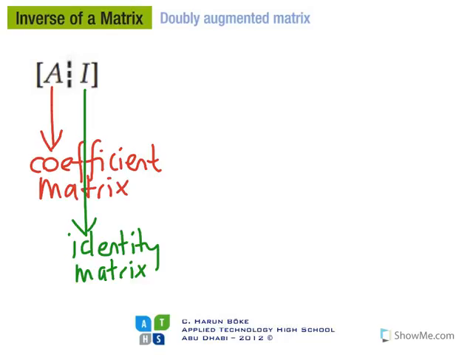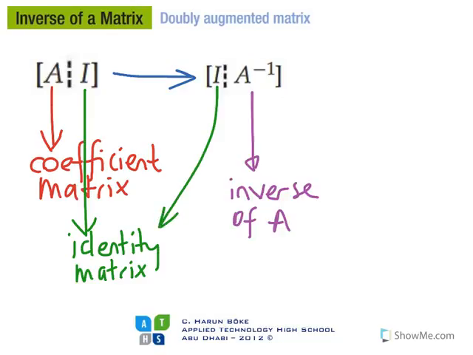Then with row operations we will get the matrix [I | A^-1], with I being again the identity matrix and A to the minus 1, or A inverse, being the inverse of A.